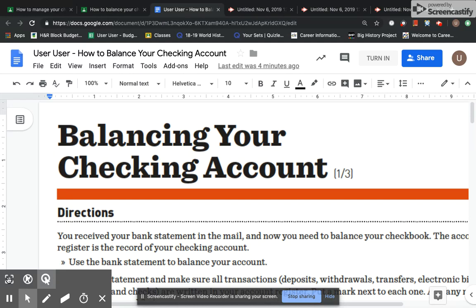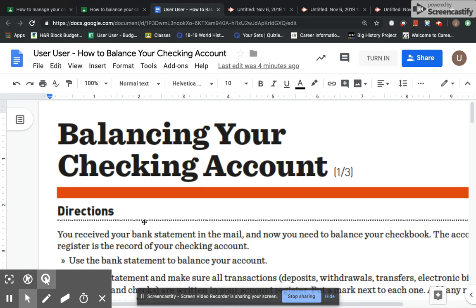Then you add the deposits to your ending statement balance, and subtract the total of all the payments from the ending statement balance. You'll see in just a moment what this means; I just wanted to overview the process. If the amounts match, then you're done. If they don't match, you have to start over until they do match, because you made a mistake. This is how we're going to catch our mistakes.